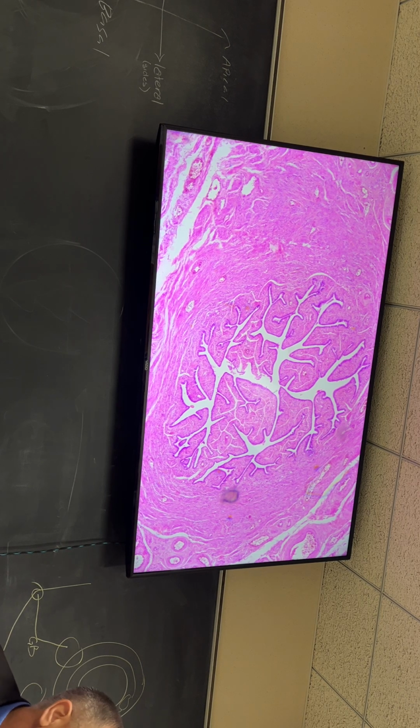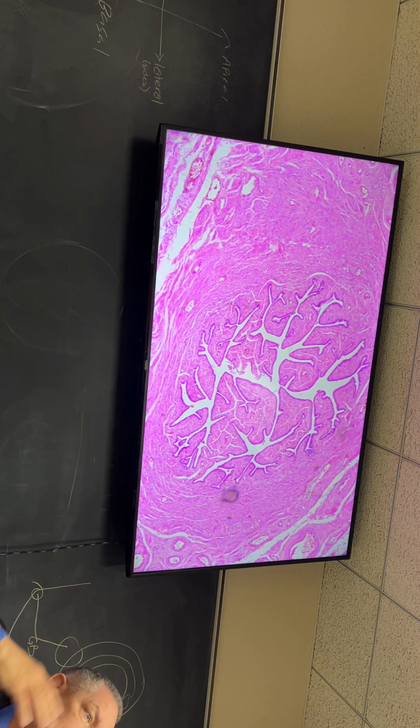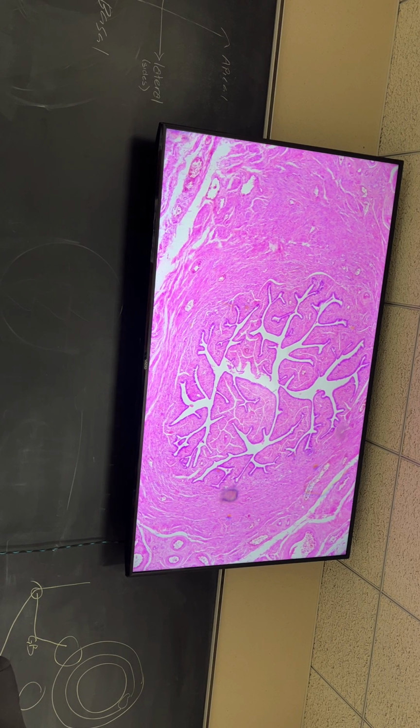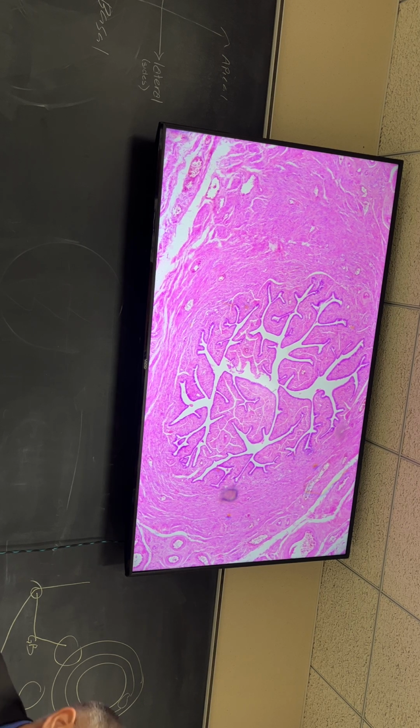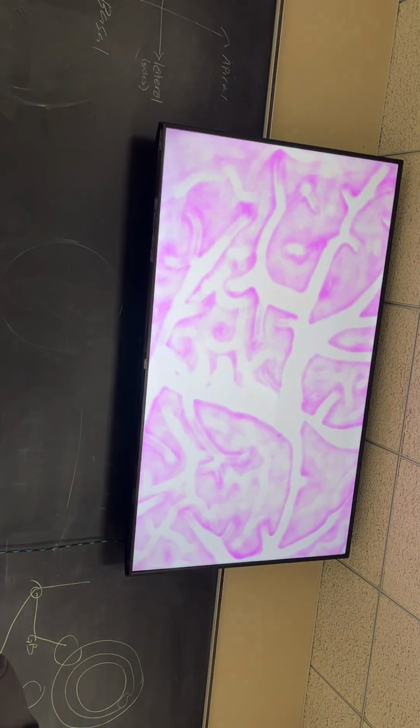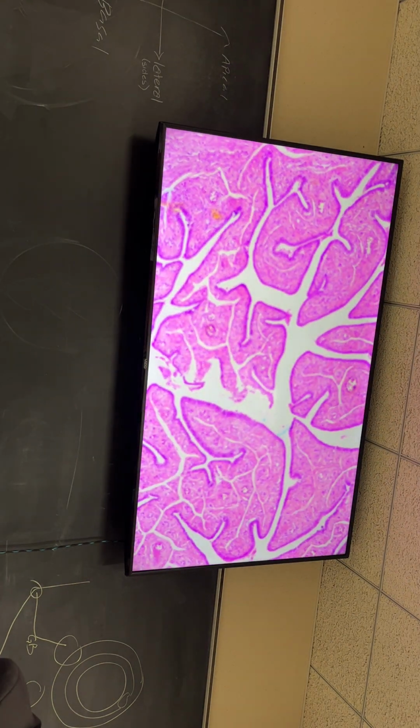The mucosal layer, again, remember, mucosal layer has 3 parts to it. What are the mucosal layer subparts in the intestine that we talked about? You got the epithelium first, lamina propria, muscularis mucosa, right? Those are the 3 layers of the mucosal layer. So let's take a look at that. Epithelium's easy to see, I hope.